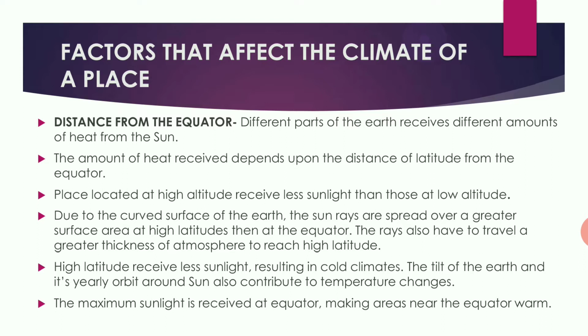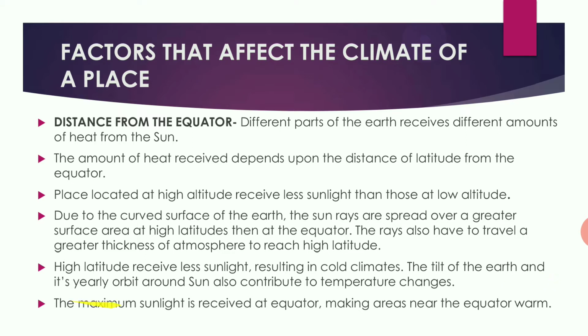At the plain surface the air is thick, so it absorbs more heat, but at higher altitudes the air is thin, it does not absorb more heat, so the climate at that place will be cooler than the place at low altitudes. High altitudes receive less sunlight, resulting in the cold climate.